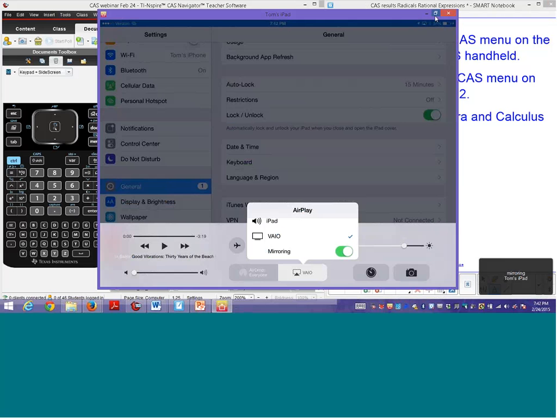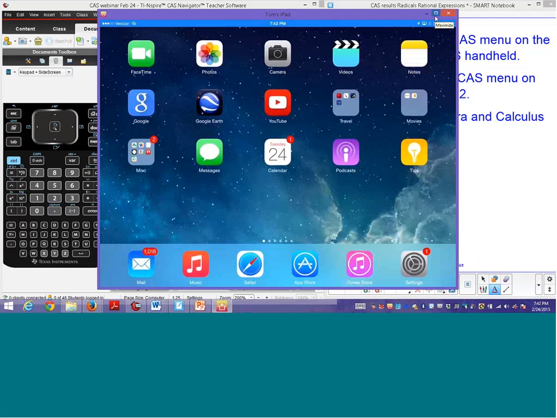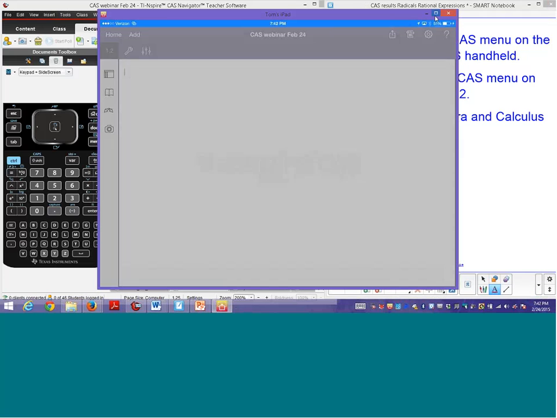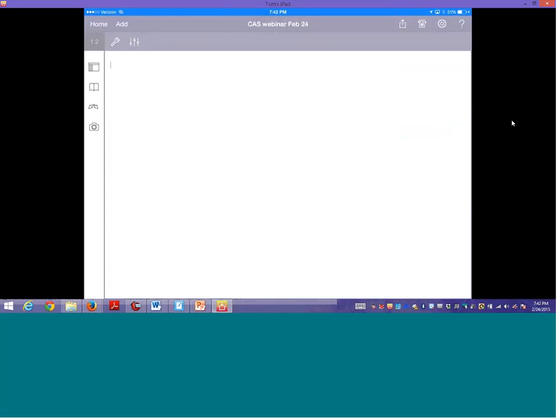I'm going to open up the TI-Nspire CAS iPad app, and this is a file that I created earlier today. If you're wondering which iPad app you have, the CAS is in a blue icon and the non-CAS is a red icon, okay? And by the way, at the website that I created, there are links to the iPad app and many other things that I'll talk about towards the end.